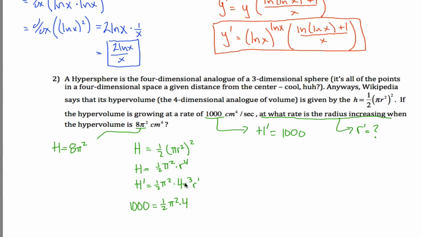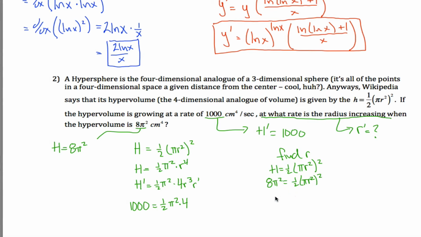Let's see, I don't know r, but I could figure out r from my original equation. Maybe over here I'm going to find r. I know that H equals 1/2 pi r squared, squared, and H is equal to 8 pi squared, so that's equal to 1/2 pi r squared, squared.